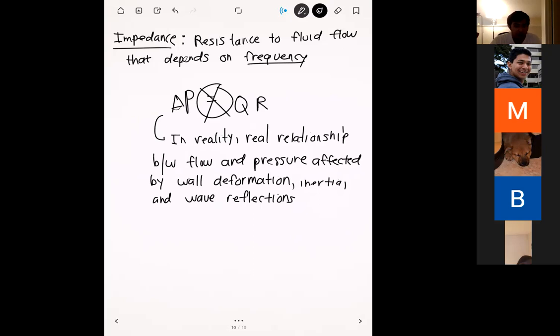Because Ohm's law is a basic algebraic relationship, it implies that the pressure at any given moment depends directly on whatever the flow is at that given moment.